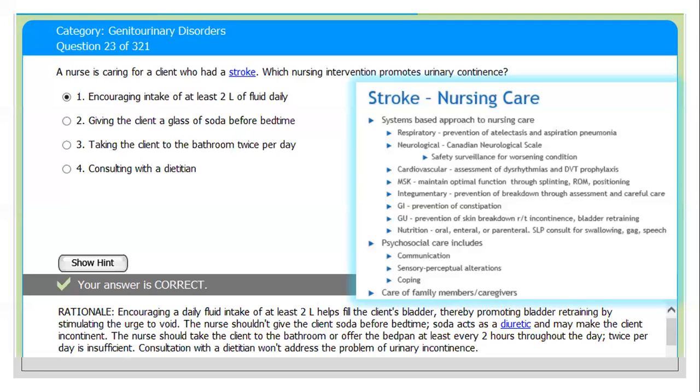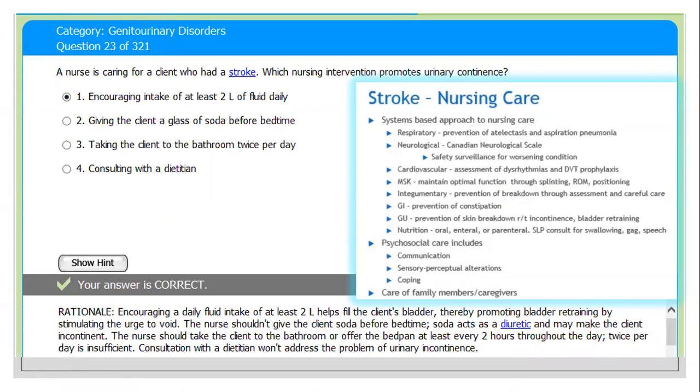So now here are some notes about the nursing care of a stroke patient. First of all, a system-based approach to nursing care. Respiratory system: prevention of atelectasis and aspiration pneumonia is important. Neurological: we should use the Canadian Neurological Scale.